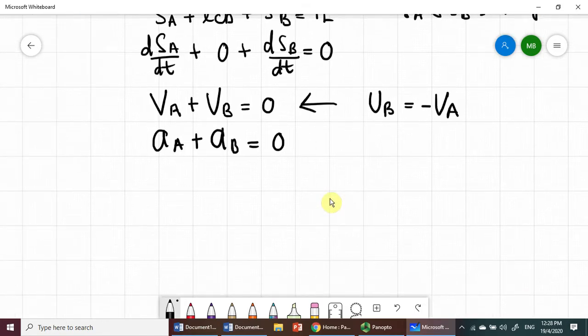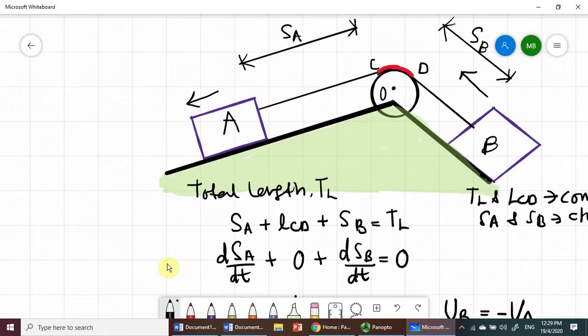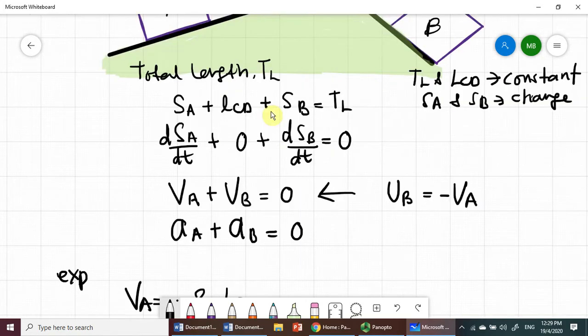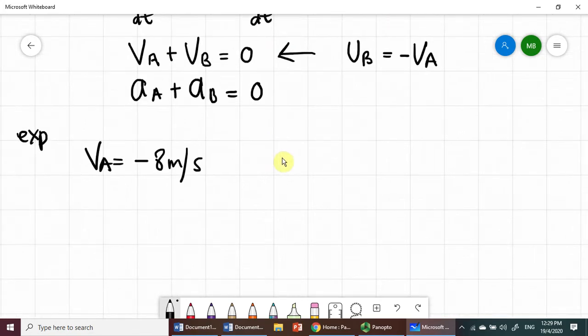What I'm saying is, for example, you do this question and then you get your answer VA to be negative 8 meters per second. What it means is your earlier assumption here, where you assumed that block A is moving downwards, actually means block A is moving upwards.